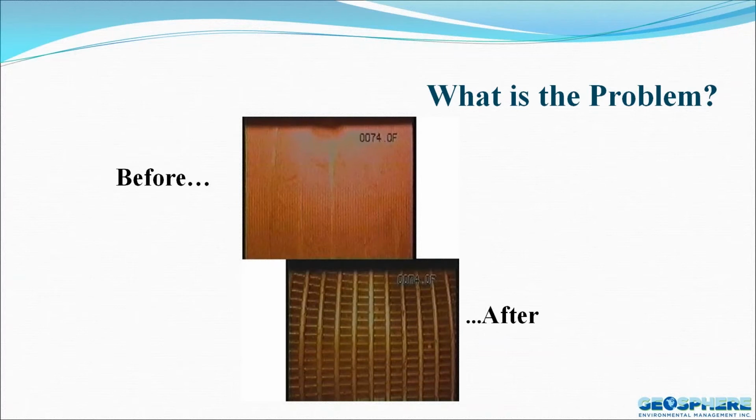So we've gone from something where we don't really know what it is in the top photo to the bottom photo, which is bam. This is what we're trying to do: clean up the well so that water comes into the well screen and we have a really efficient well.